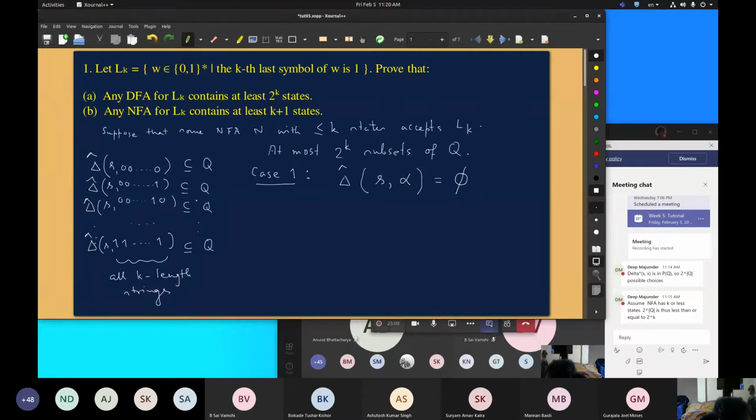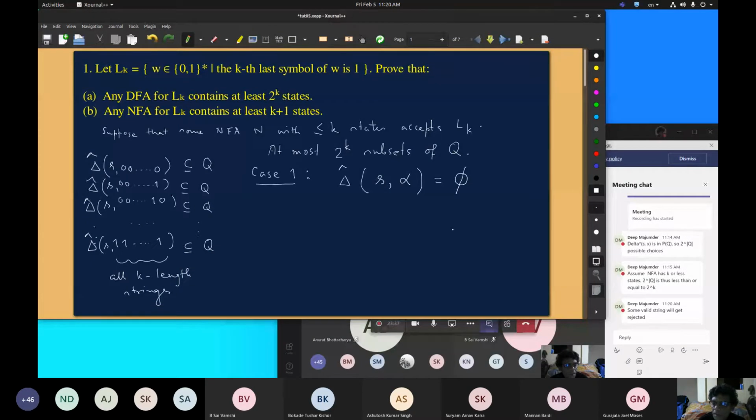In fact, if all these states are different, this case will happen when the number of states in the NFA is equal to k. So what does it mean? Starting from S, you read alpha, delta hat becomes the empty set. What does it mean? Forget about the implications. What does it mean? Delta hat of S, alpha equal to empty.